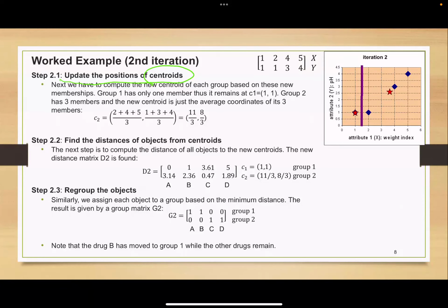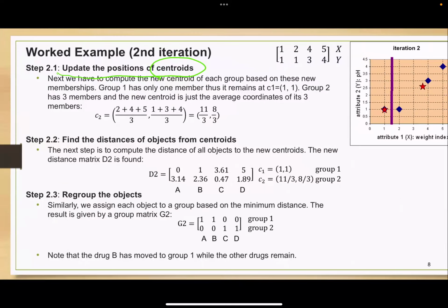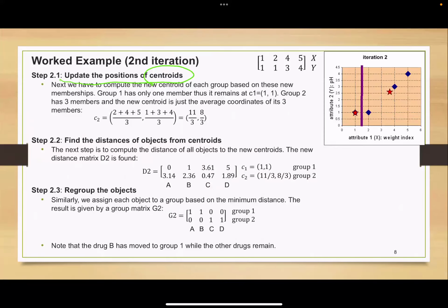So let's say we have 3 data points, (X1, Y1), (X2, Y2), (X3, Y3).